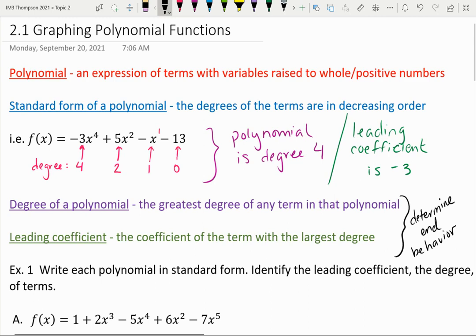These two parts of a polynomial, the degree of the entire polynomial and the leading coefficient, are the only two things that determine the end behavior of a function. And we'll get into that in a couple minutes.